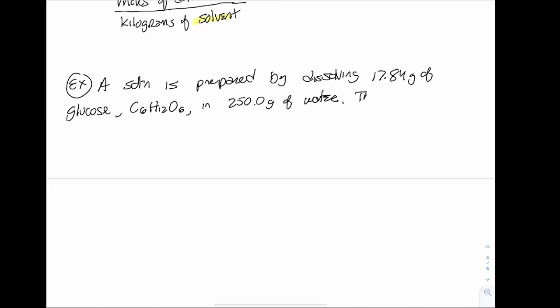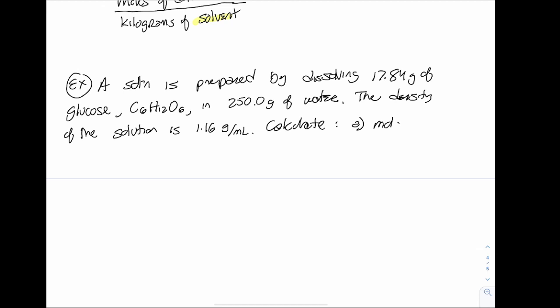The density of our solution is 1.16 grams per milliliter, and we're going to calculate first our molality, then our mass percent, and then our last one, our molarity.